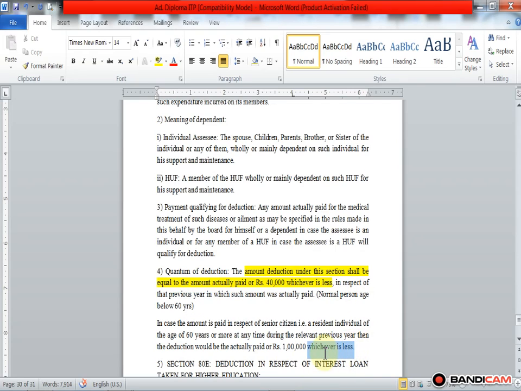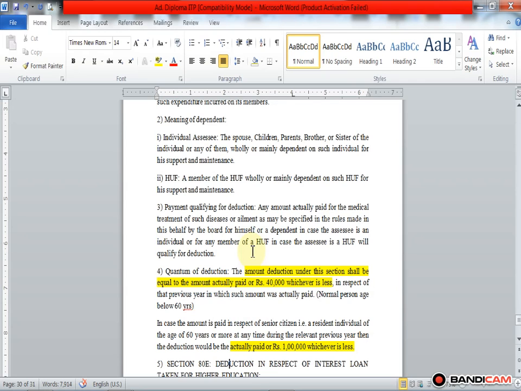So remember this, the allowable deduction for a senior citizen under section 80DD is actual expenditure incurred or rupees 1 lakh, whichever is less, allowed as deduction from gross total income.